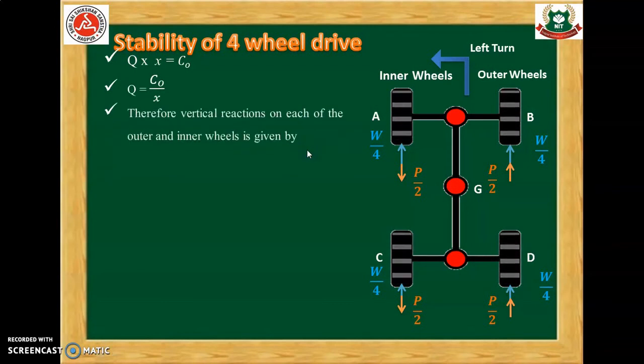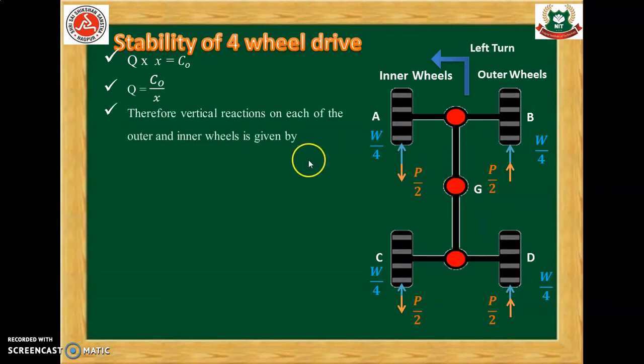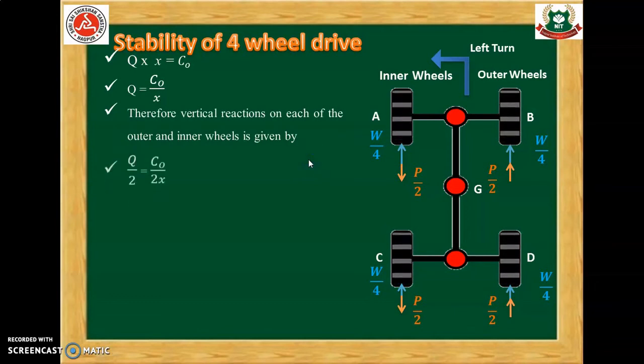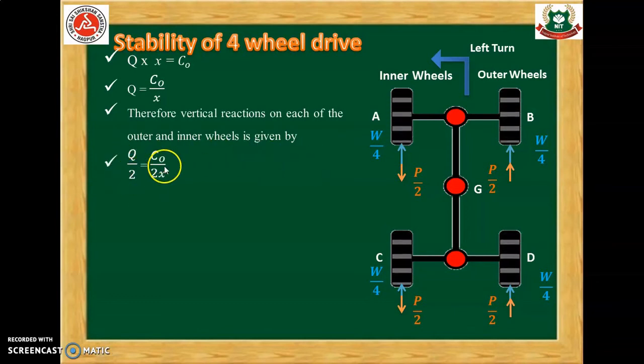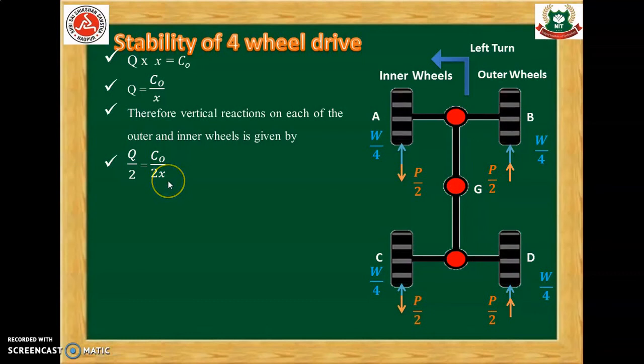Here, the vertical reaction on each of the outer and inner wheels is given by Q upon 2 equals CO upon 2X.